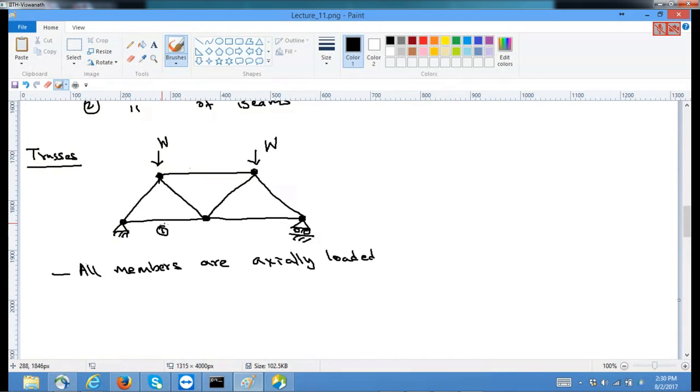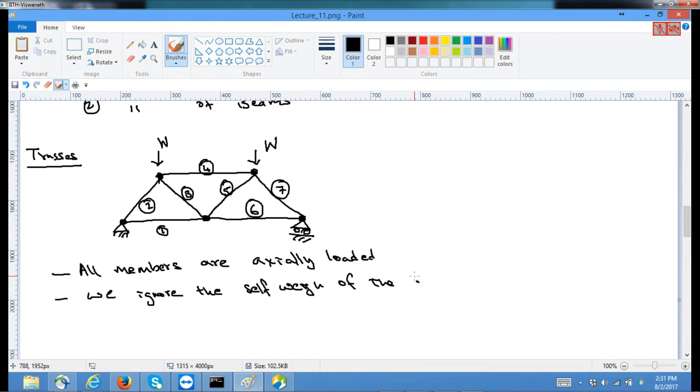This is member 1, member 4, member 5, member 6, member 7, and we ignore the self weight of the individual members.